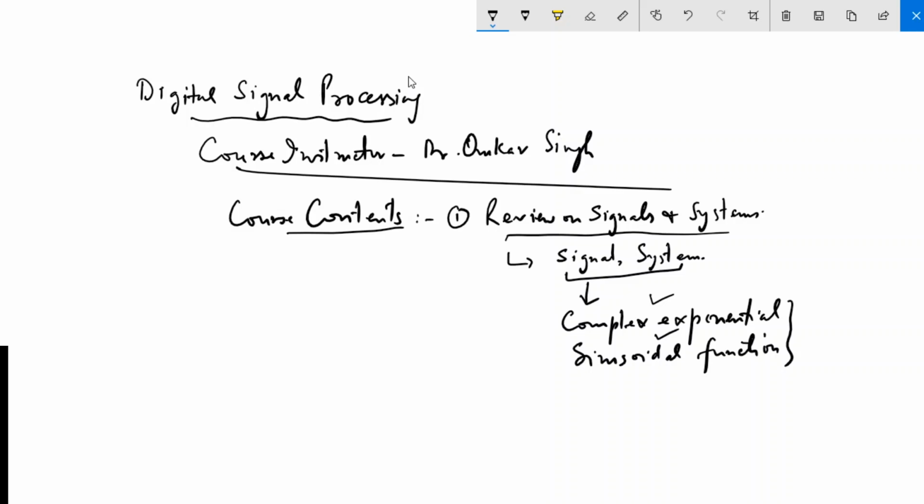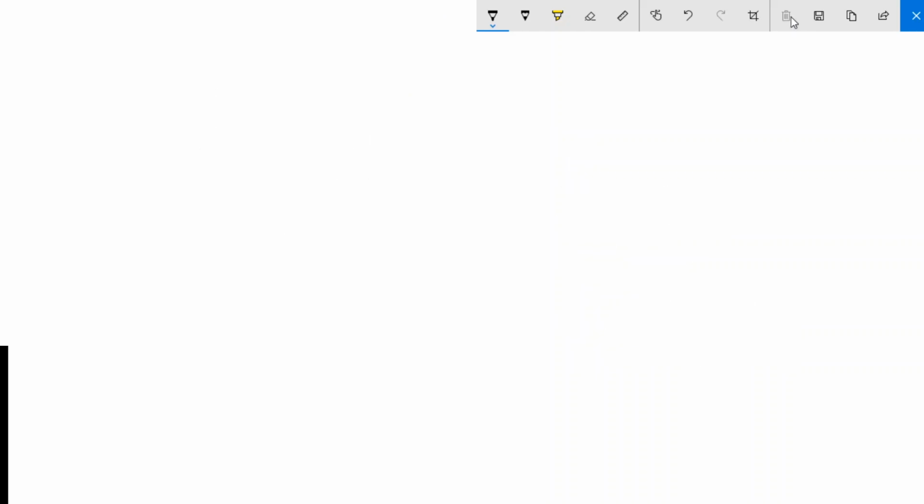So in this category, signals, a signal is generally defined as a source of information. Okay, it may be any signal, whether it is a speech signal or a voice signal or a biomedical signal or an image signal or a video signal.